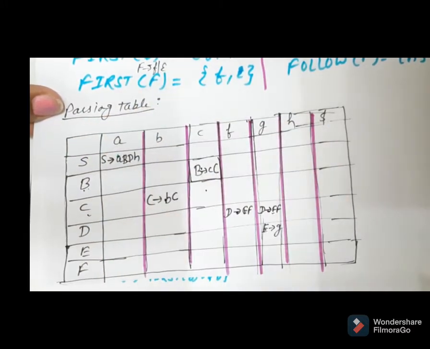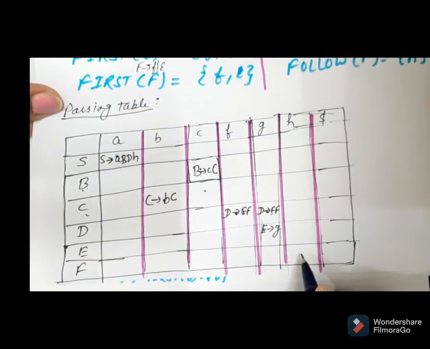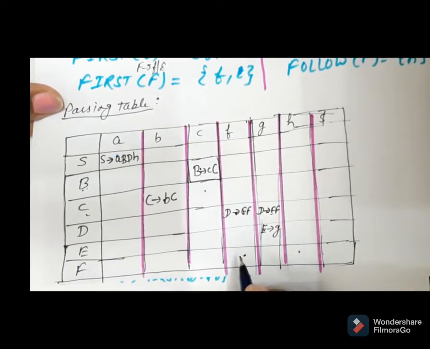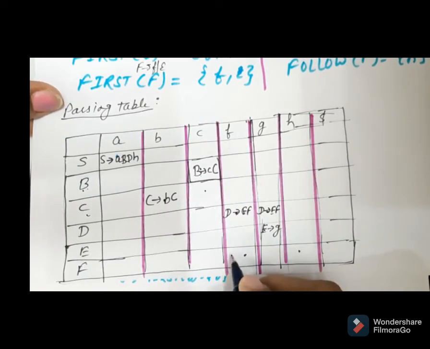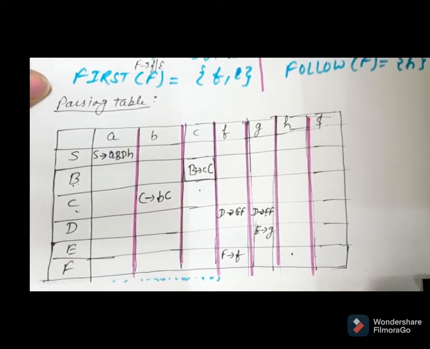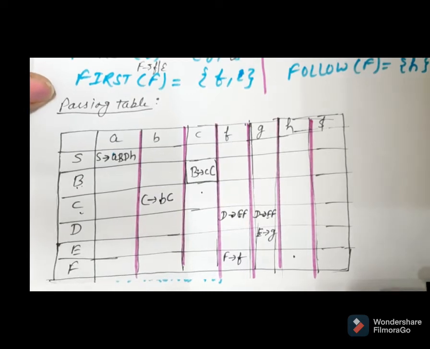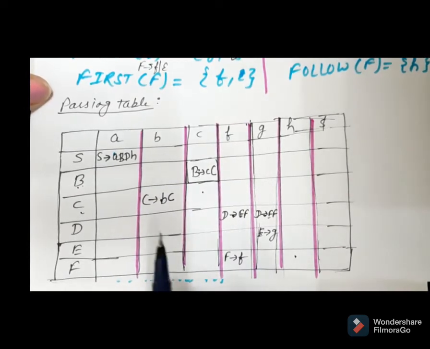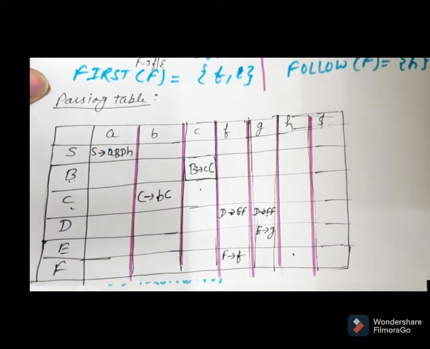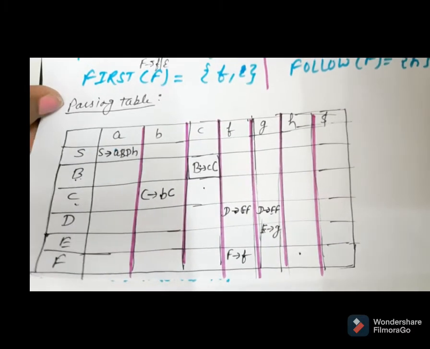Epsilon. And here against F, this one, and against capital F. So I will write here the production F tends to F. So I have written the production for the first symbol, because for the first we write only the production.